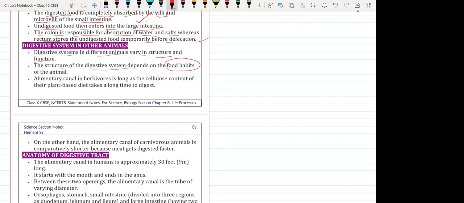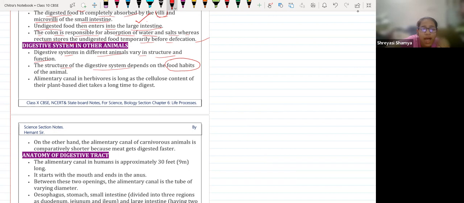It may be different for ruminants like a cow, grass eaters, and different for carnivores like tiger and lion, which only have a habit of eating meat.